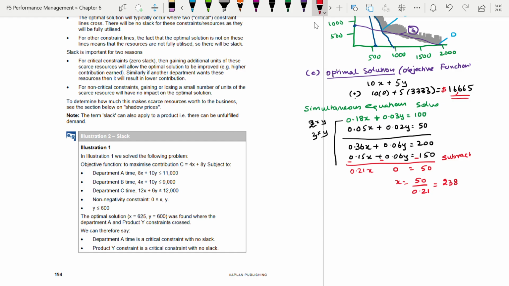Are you clear about this? Doctor, why in the previous example didn't we do this simultaneously? What we did here is a simultaneous equation, the same thing.